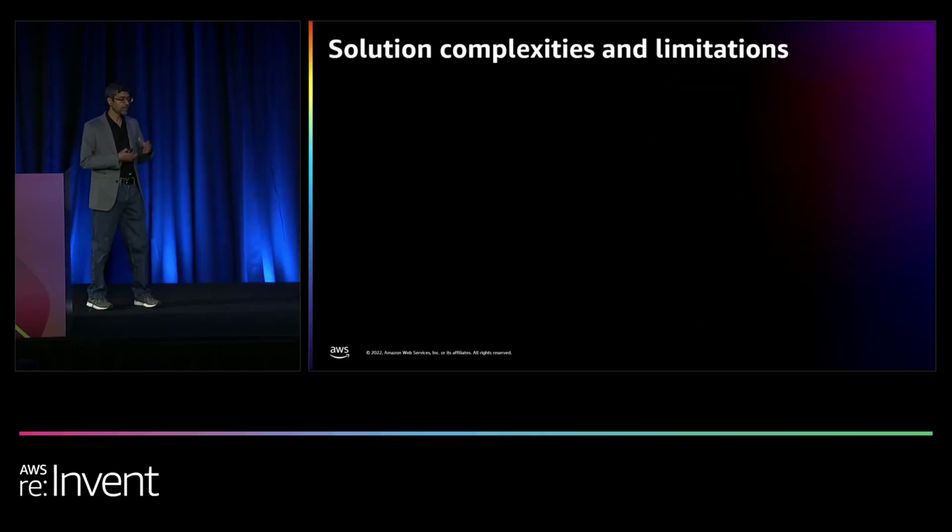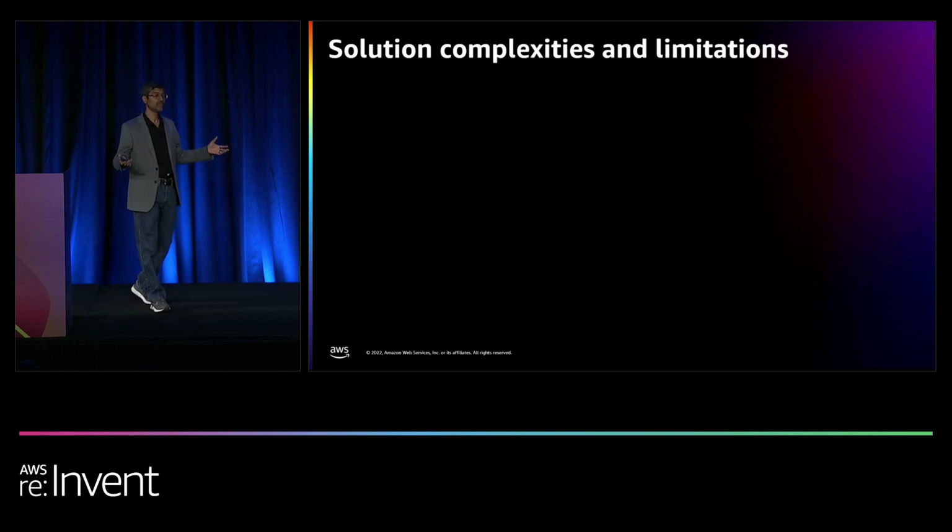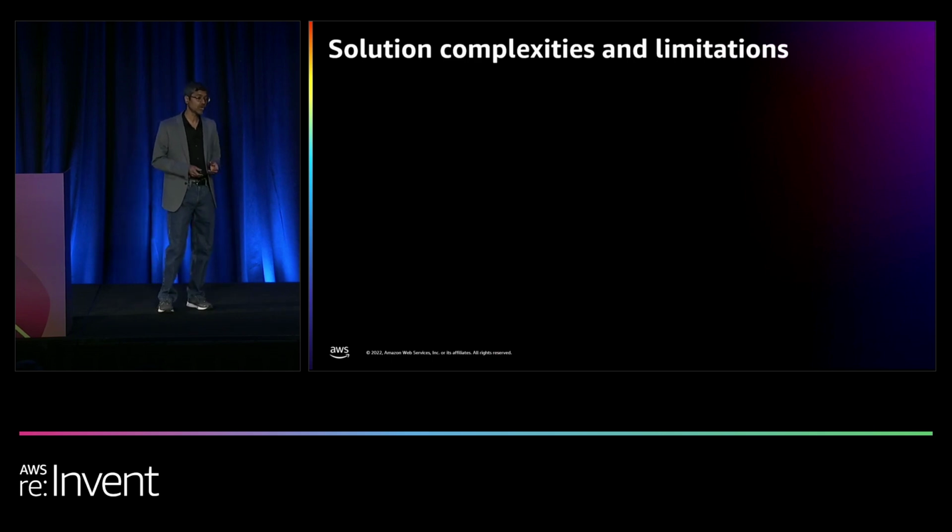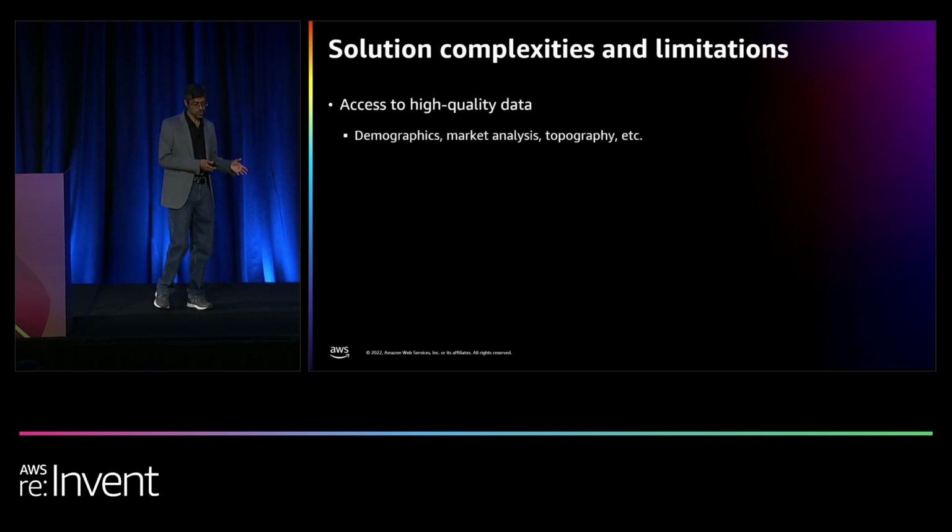Now, there is complexity and there are limitations on these geospatial solutions. Geospatial solutions, as you probably know, involve large amounts of data sets. Data sets you are going to have in-house, or you would be procuring from outside, mostly procuring from outside. There's a smaller number of sets that you'll have in-house.